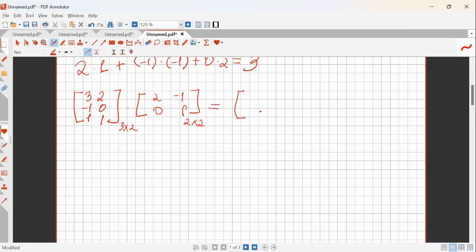So we can receive a matrix of size 3 by 2. 3 times 2 is 6. 6 plus 2 times 0, which is 0. So here should be 6. 3 times minus 1 is minus 3. Minus 3 plus 2 is minus 1.